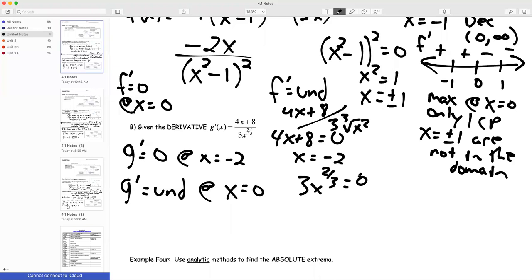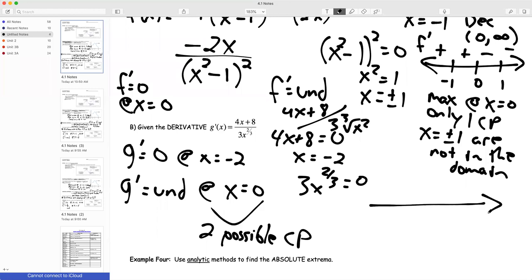So this tells me that I have 2 possible critical points. One at x is equal to negative 2 and one at x is equal to 0. So let me do my sign chart. This is g prime. I've got negative 2 and I've got 0.